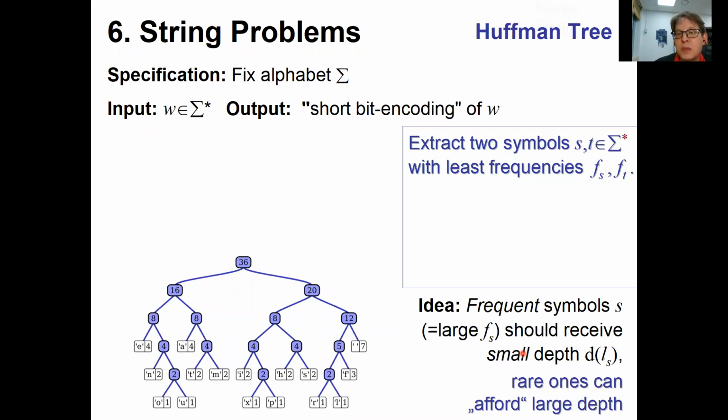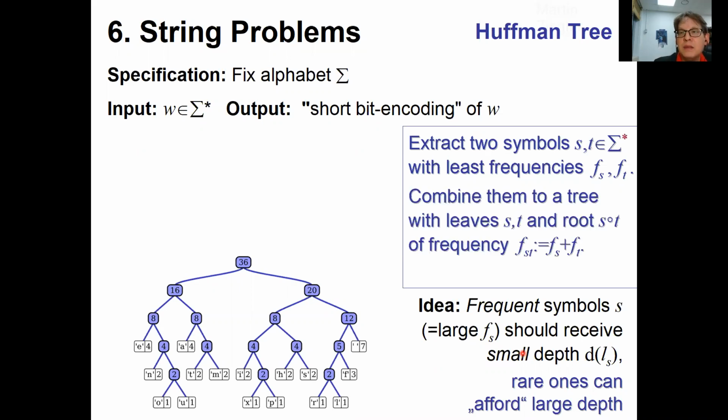So we start with them, building up the tree, and combine two such symbols into the smallest possible tree we can imagine, namely a tree that has these two leaves, and we create another root to join these two leaves, and we pretend that we replace the two leaves with a root.